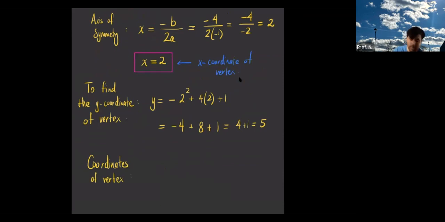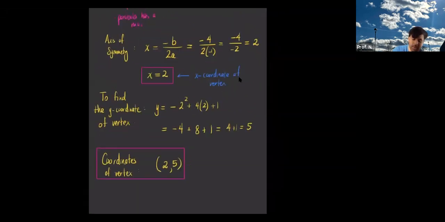What are the coordinates? Well, the x value is 2 and the y value is 5. So if we put this all together into a graph, into just a sketch, of course, just a sketch. If we sketch it out, what do we know? We know that at 2, I'm going to write it as a dashed line, I have the axis of symmetry, which is x equals 2.